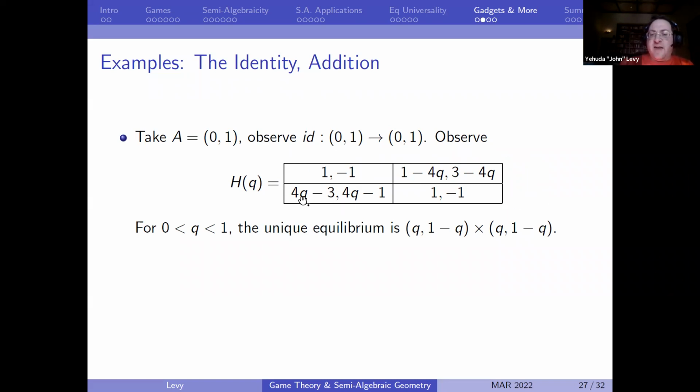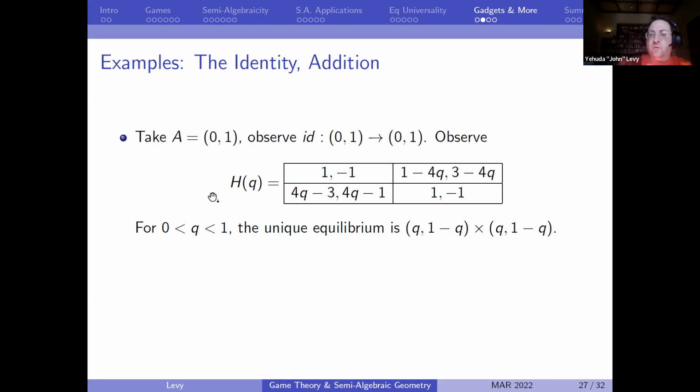When Q is exactly half, you have the game matching pennies here, where the off-diagonal entries are -1 and 1. As Q moves from 0 to 1, you get a perturbation of matching pennies. It's easy to check that the unique equilibrium of this game for each fixed Q is for each player to put weight Q on his first action and 1 minus Q on his second action.